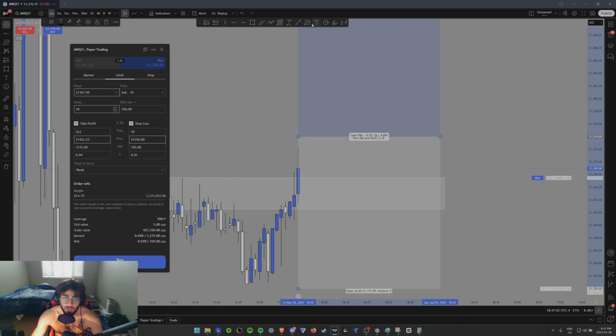Let's just say we're over here right now. But I don't want to enter here because it's too high up. I want to wait for a little bit of a retest of this inverse fair value gap, because like I said, price will do that sometimes. This is what I want. I don't want this. I want this. So I can enter in with 13 contracts if I set my limit order here.